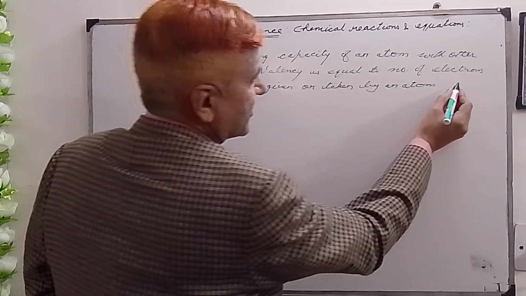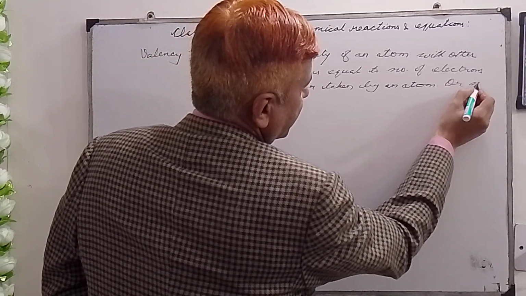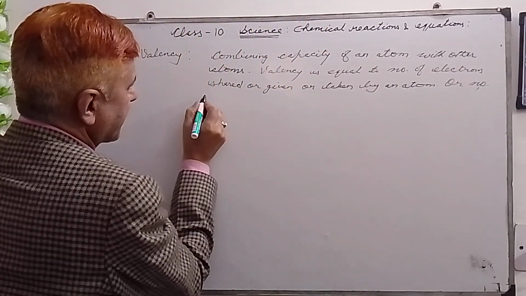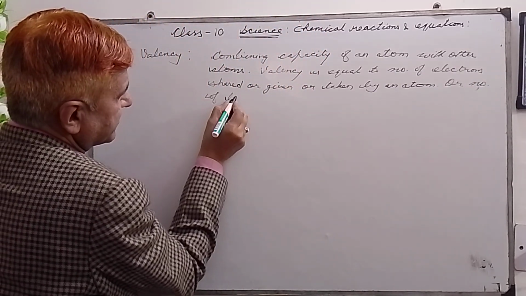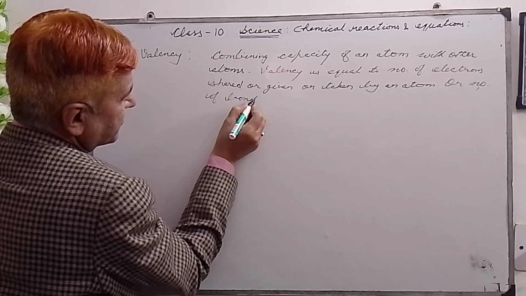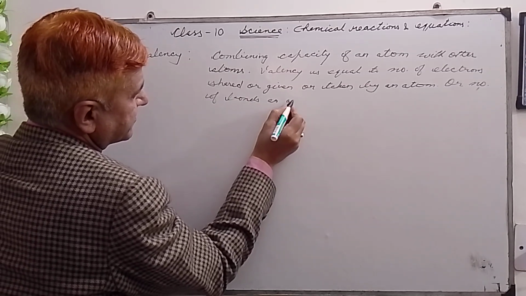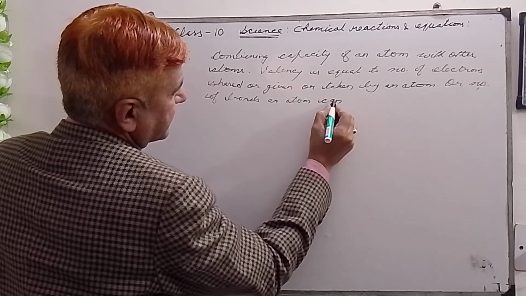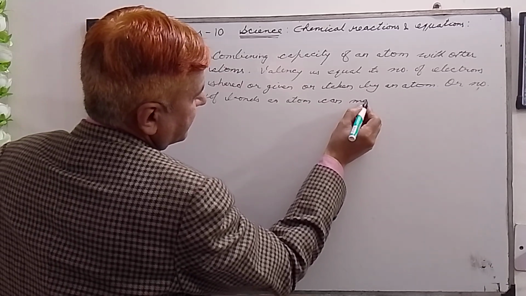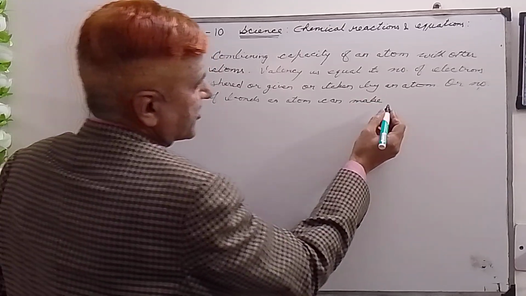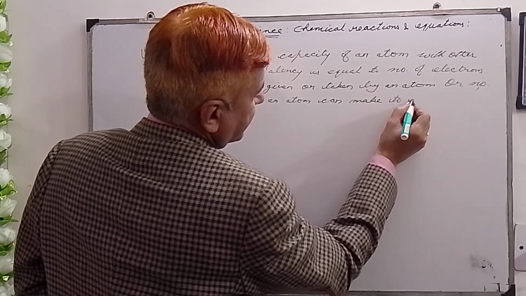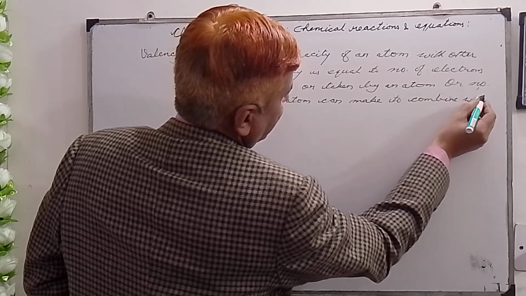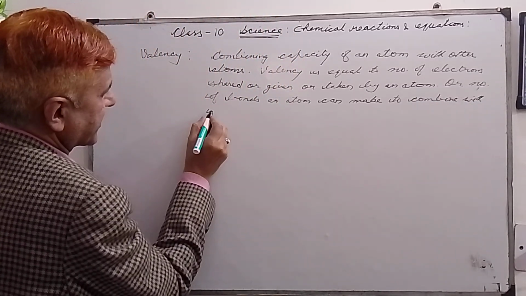Or it is the number of bonds an atom can make to combine with other atoms.